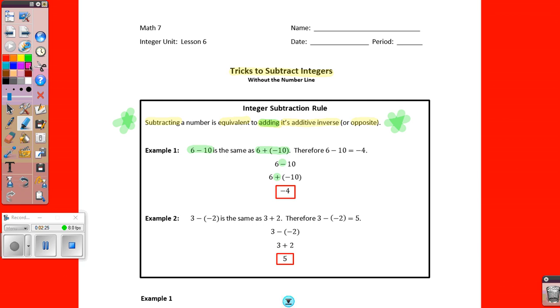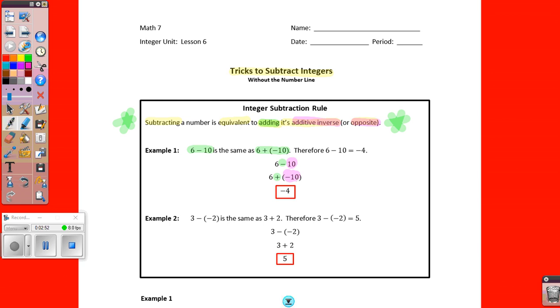Then they said, but we can't just change subtraction to addition. It's not that simple. It's adding the additive inverse, or in other words, the opposite number. So if we're going to change subtraction to addition, we have to change the number that we're subtracting. Instead of subtracting 10, we're going to add negative 10, meaning we're going to add the opposite of 10.